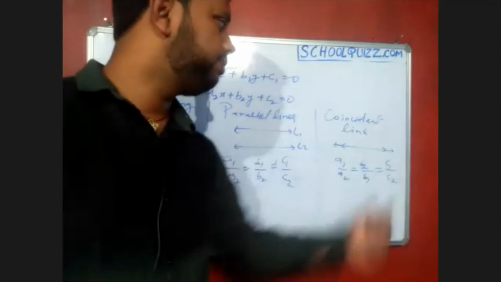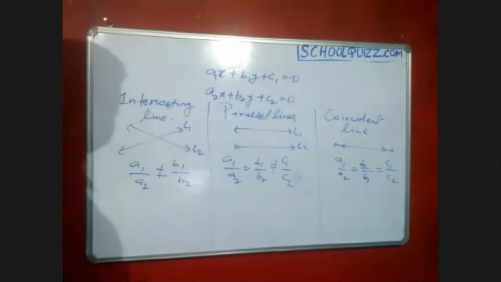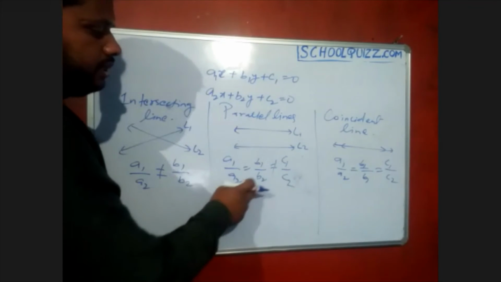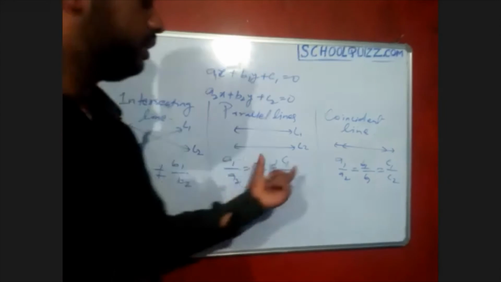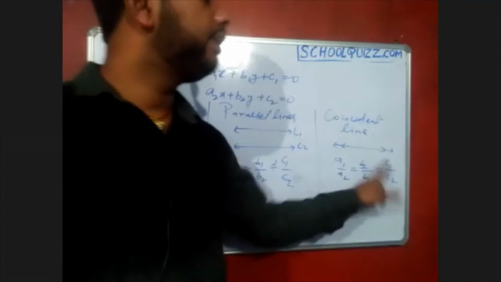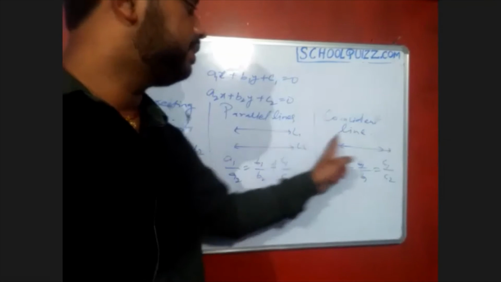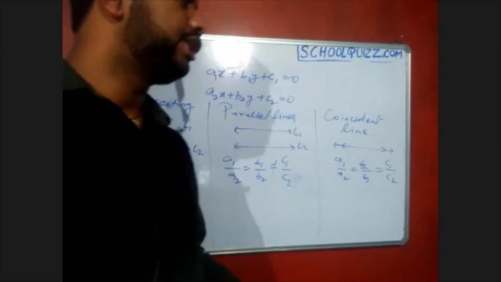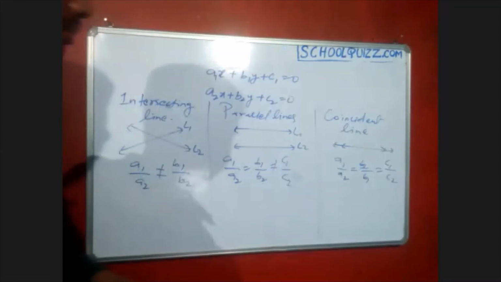This is the difference between coincident and parallel lines. Both lines are the same in terms of x and y, but if the constant terms are unequal, then the lines are parallel, and if the ratio of c1 and c2 equals the other ratios, they are coincident.